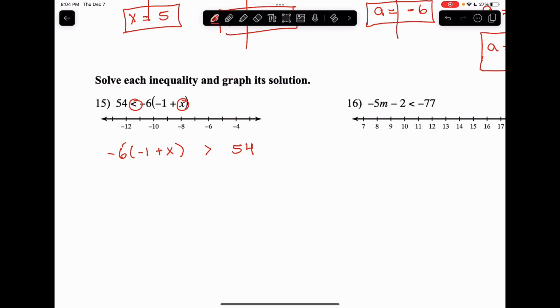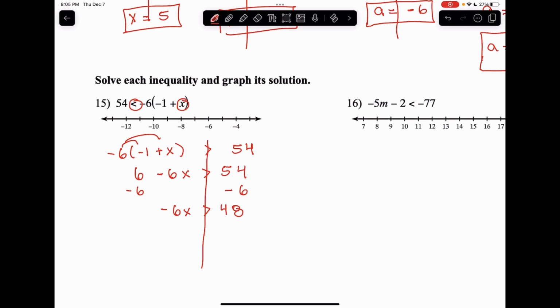I then am going to double rainbow, distribute. -6 times -1 will be a +6. And -6 times x will be a -6x. Greater than 54. Even though it's an inequality, I can still draw my line, and I'm still solving the same way. I'm going to subtract 6 from both sides, and I'll get -6x is greater than 48.